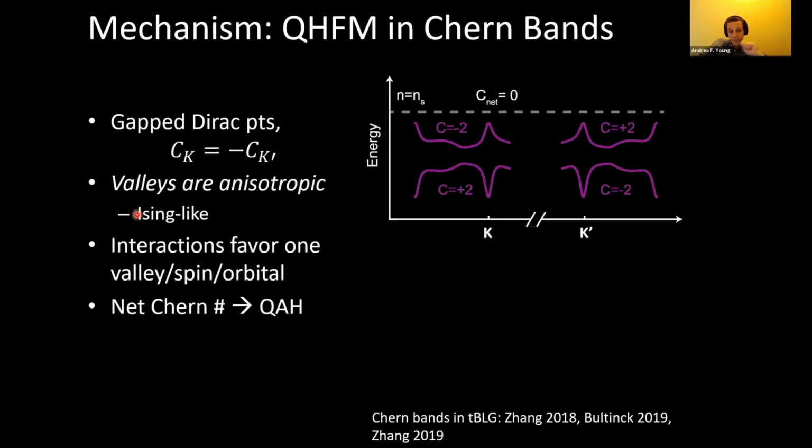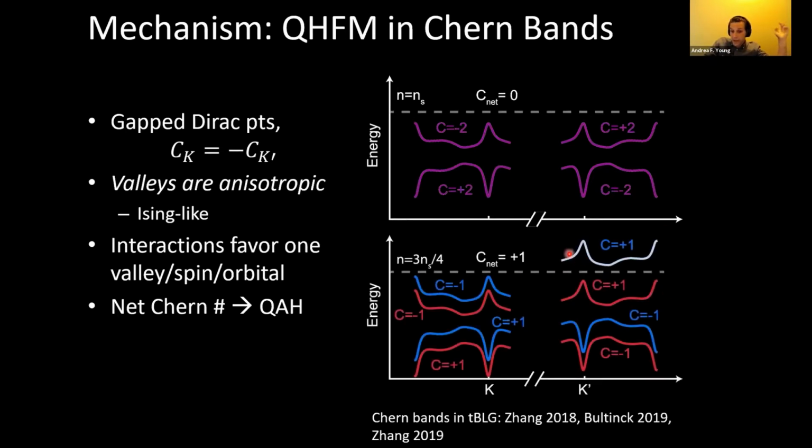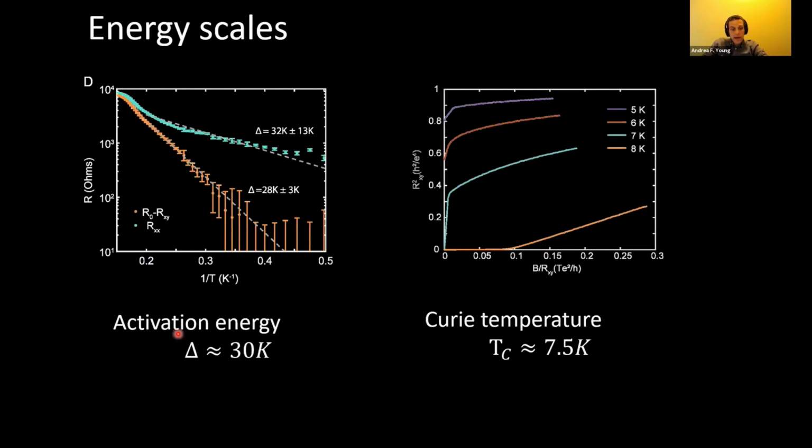These valley moments give you a fair amount of anisotropy, lets you have an Ising-like Hamiltonian that will give you some ordering at finite temperature, and apparently interactions favor polarizing into one of these Chern bands, or into 7 out of 8 of those Chern bands, if you want to think about electrons, which give you a net Chern number and therefore a quantized anomalous Hall effect. And the numbers are interesting to look at, for example the gap and the Curie temperature, because they're rather different.